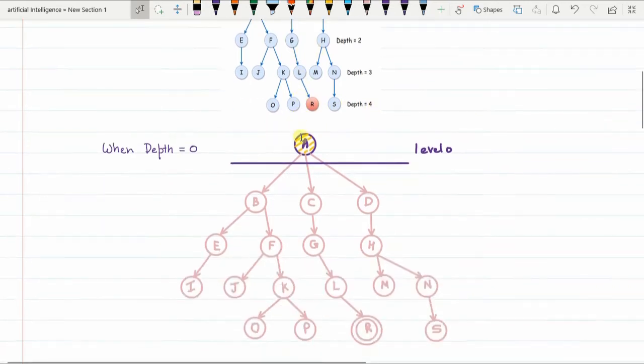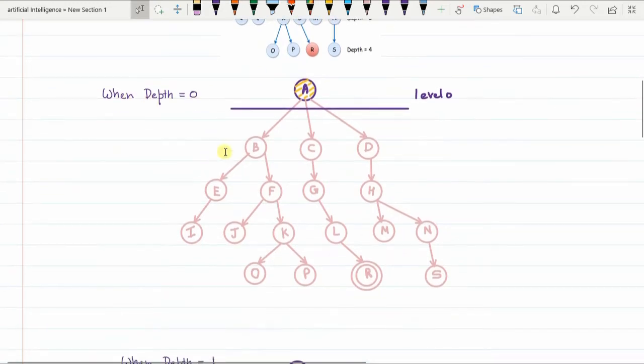Initially, when the depth parameter is set to 0, although the entire tree exists, only nodes up to level 0 are visible, as good as saying that there is only one node in the given tree. So in the first iteration, depth is equal to 0 and only the tree up to depth level 0 is visible. Then we perform a depth first search on the available nodes in the tree.